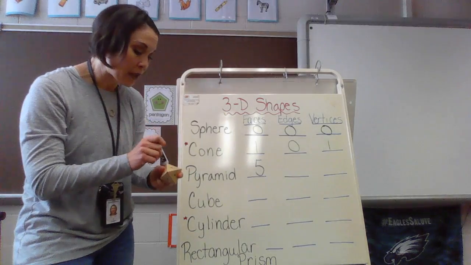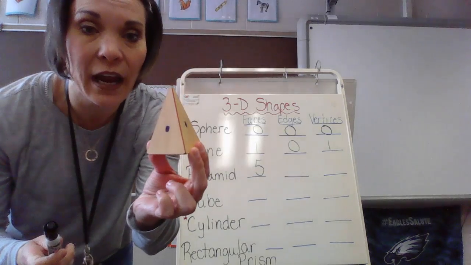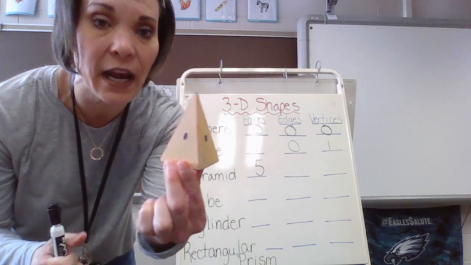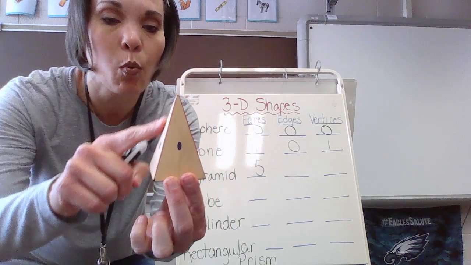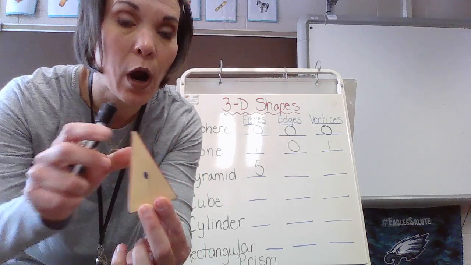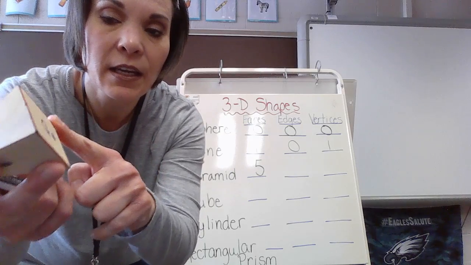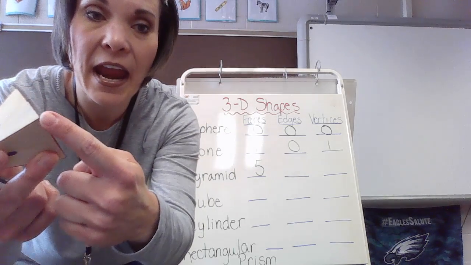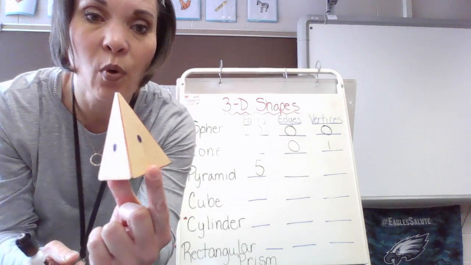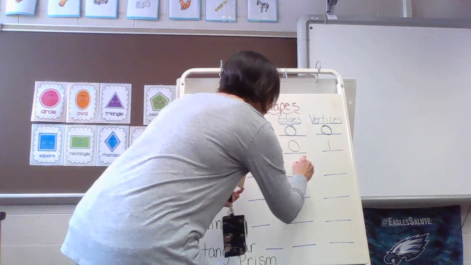All right, so now let's go to the edges. I'm going to start counting where those red marks that I made. So here we go. 1, 2, 3, 4, 5, 6, 7, 8. So therefore, I have 8 edges.